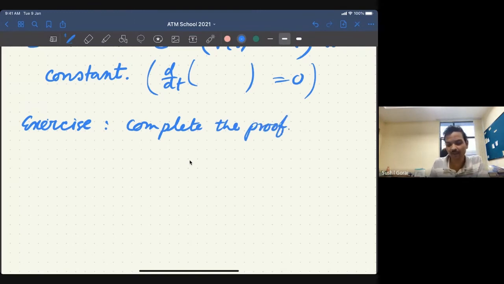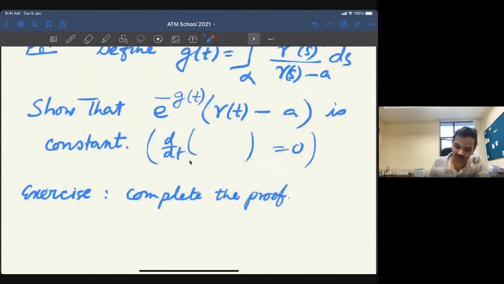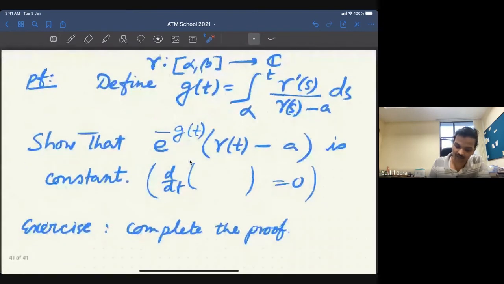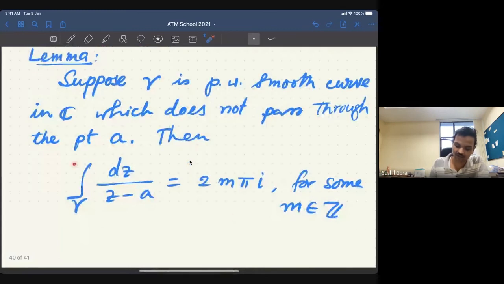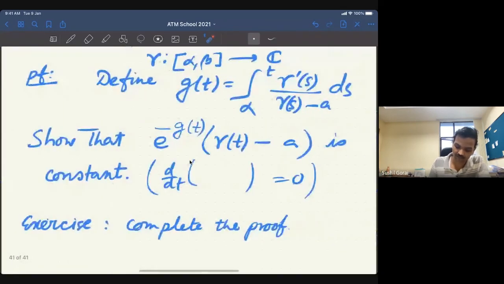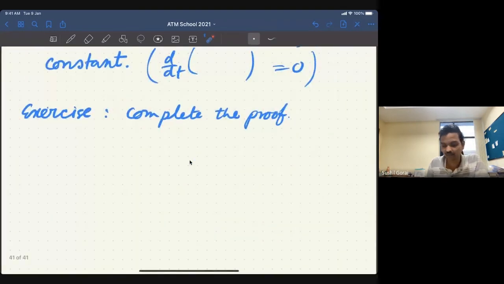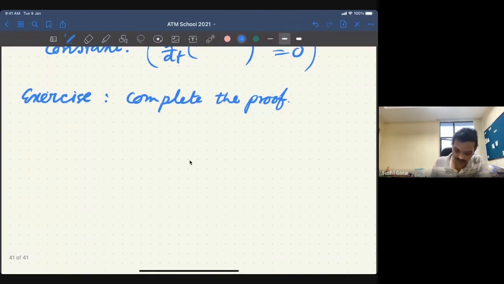All right. So you need to prove this lemma before defining what is called winding number, because we will define winding number in this way. Though one can define winding number using the argument function, this is the easiest way to define.